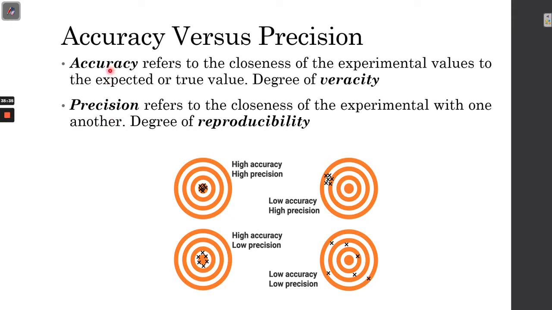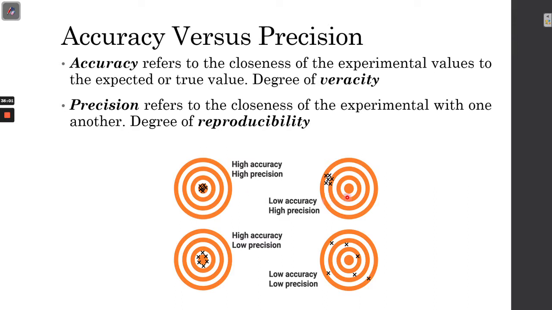Because sometimes you can be accurate but not precise, and sometimes you can be precise but not accurate. So here's an example. Yung xi is yung true value and yung x's are the values that you get. So in this scenario, you have very high accuracy and high precision kasi malapit siya doon sa true value and yung mga values na kinuha mo is magkakalapit din.